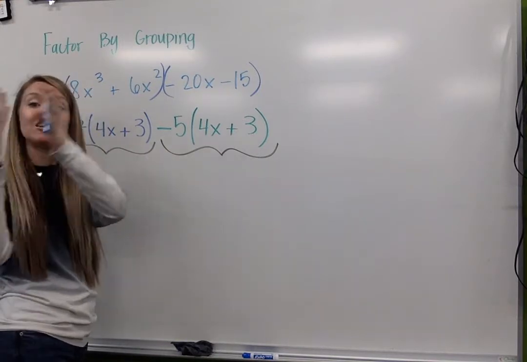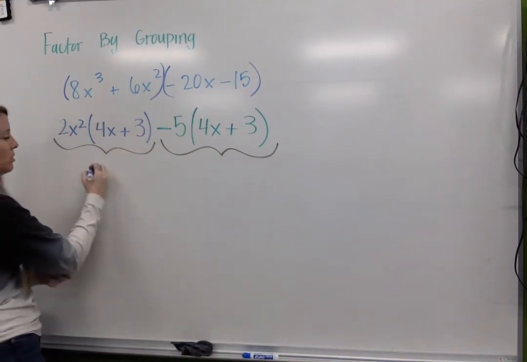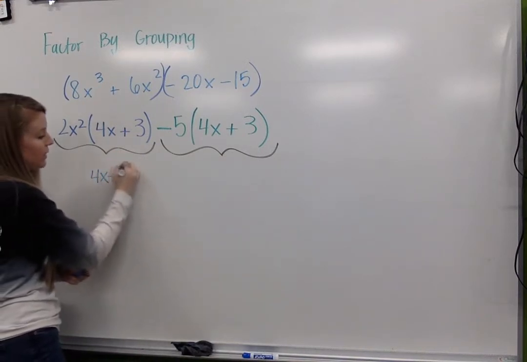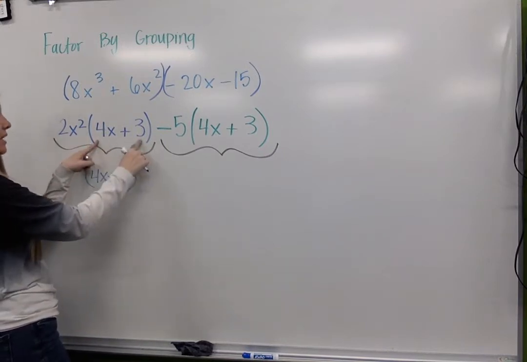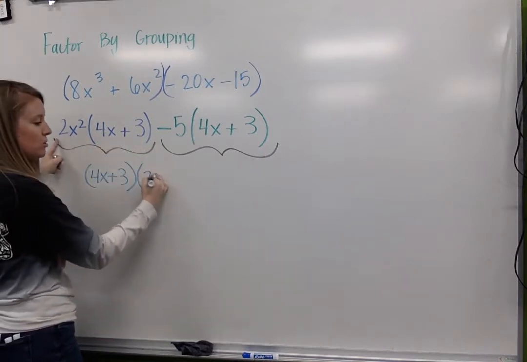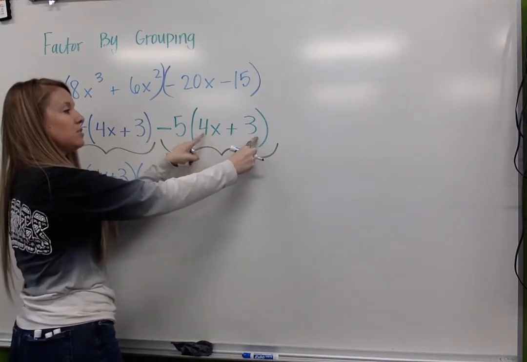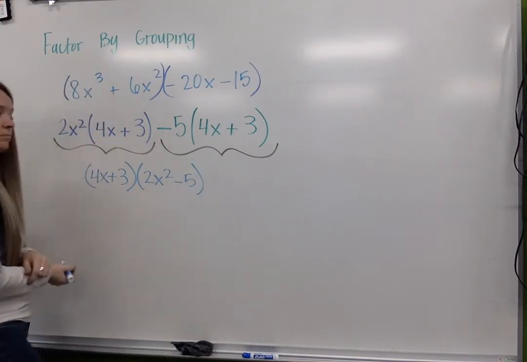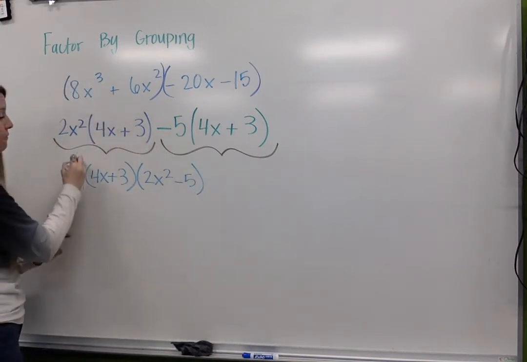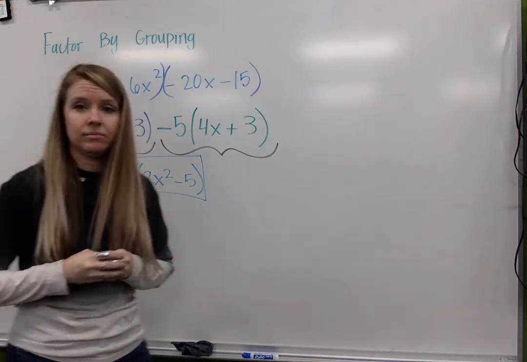So we're going to factor that out. So I'm going to factor out my 4x plus 3. 4x plus 3 times 2x squared. 4x plus 3 times negative 5. And I have now factored my polynomial by grouping.